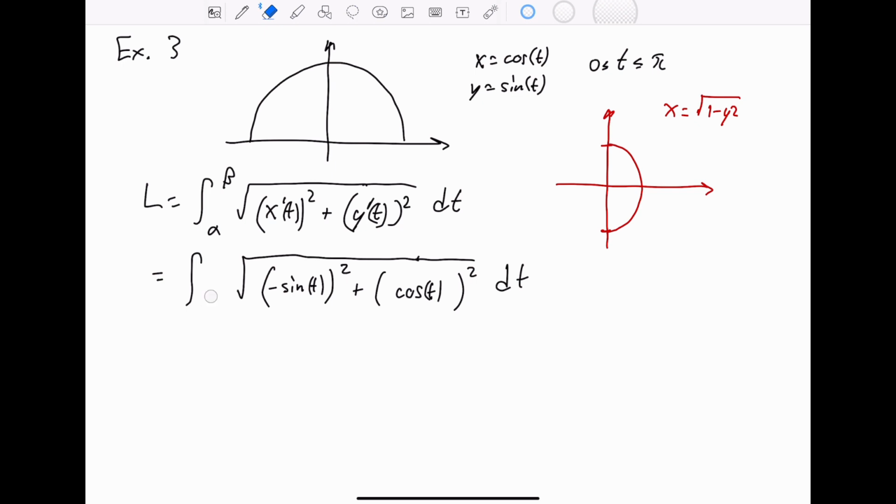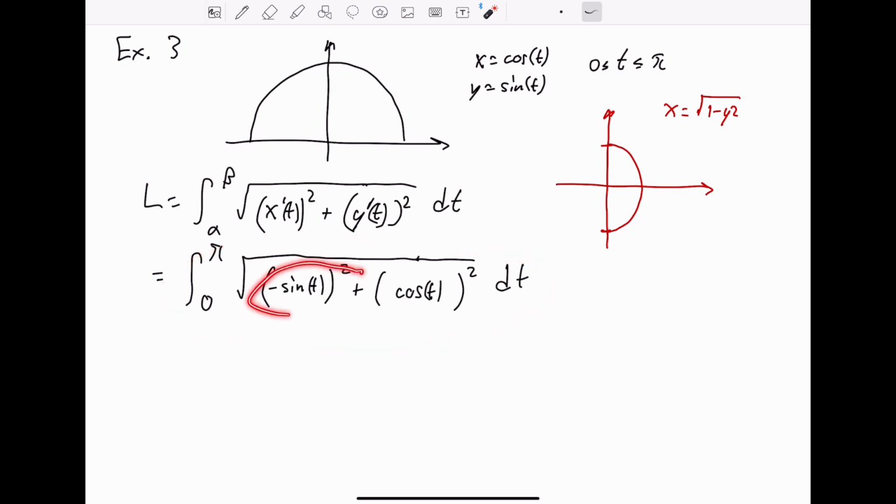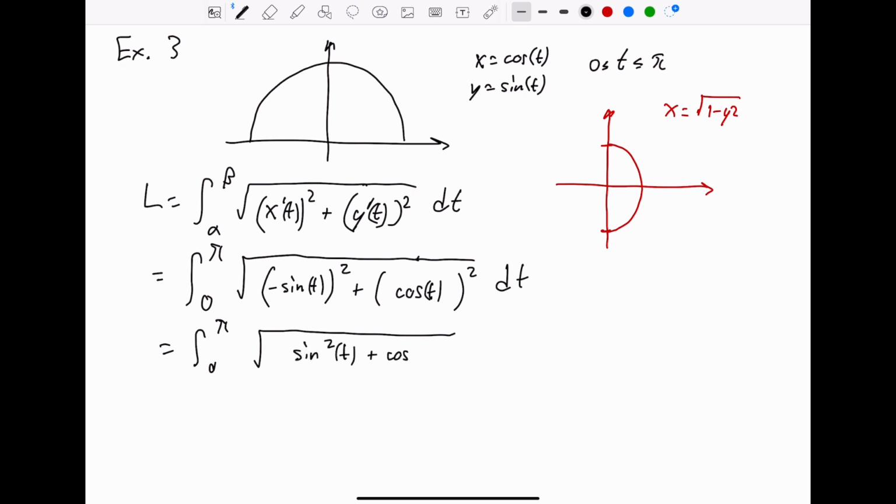The upper and lower limits now are from 0 to pi. At first glance, this integral might look rather unpleasant, but we have sine squared and cosine squared underneath the square root. So negative sine squared is the same as positive sine squared. So this is sine squared of t plus cosine squared of t.